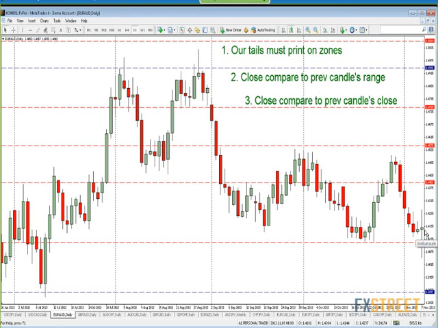Because the close is in that middle area rather than the extreme high end, what that tells me is that the market may not really be ready to go. This may not be a reversal candle because of where the close is relative to the low and the high of this candle. So that's my fourth rule here.